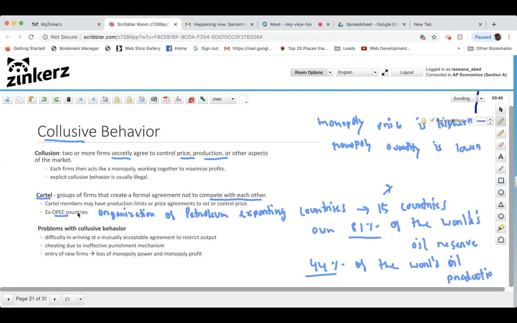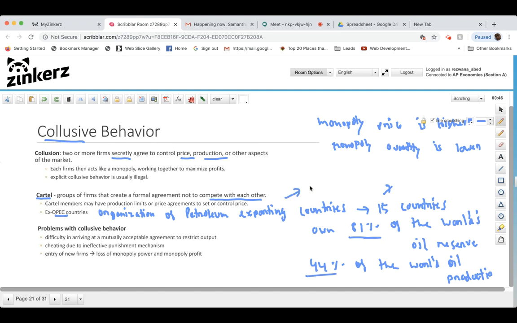Like we mentioned, explicit cartels are illegal, but everybody knows this about the OPEC countries. They're anything but a secret. It's an open, formal, collusive agreement that these 15 countries have made with each other to control the price and production of oil.